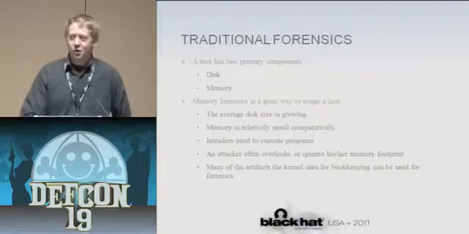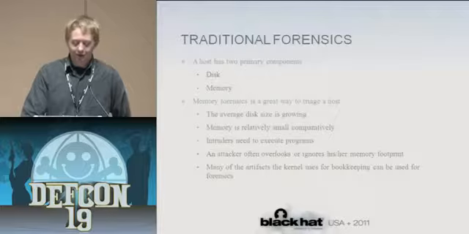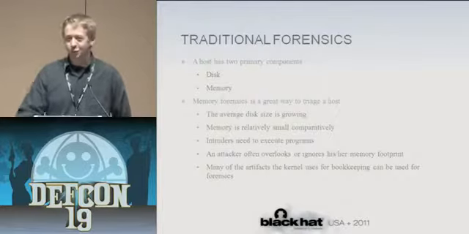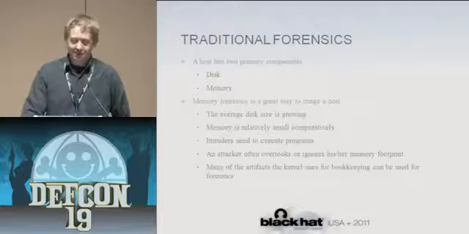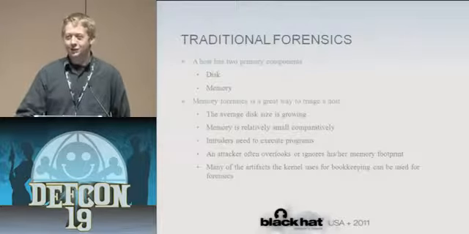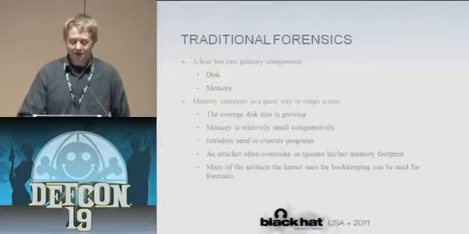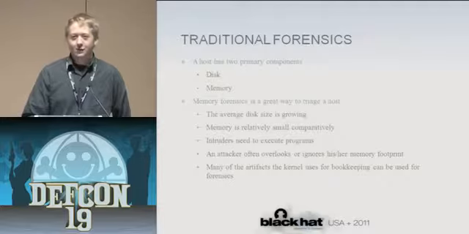Most hard drives out there come at least 250 gigabytes, and I know people in this room probably have way more storage space than that. So searching through the whole image or dumping a full copy of the hard drive is getting to be a much longer process. And memory can really help you speed up what you're looking for.